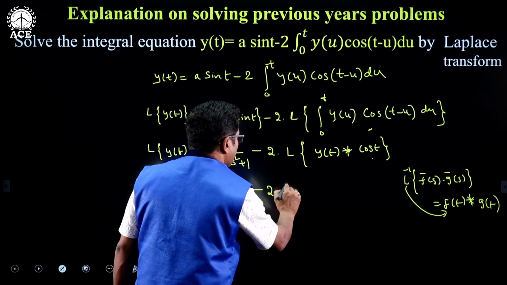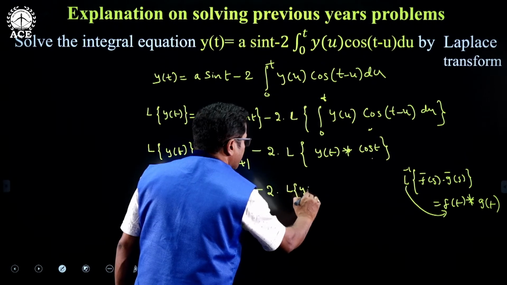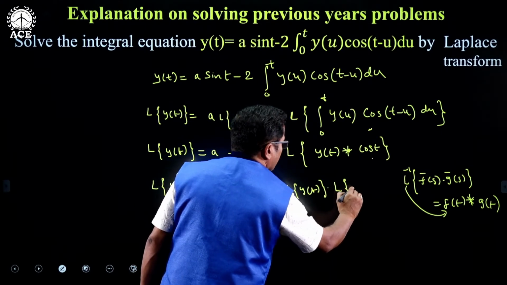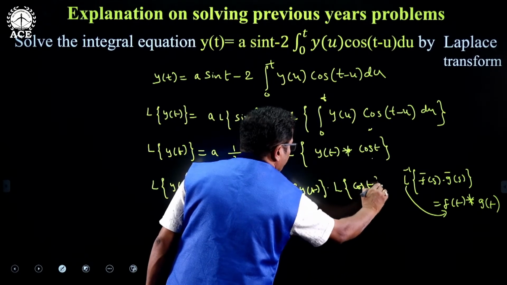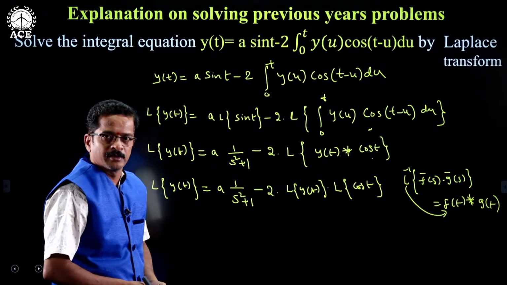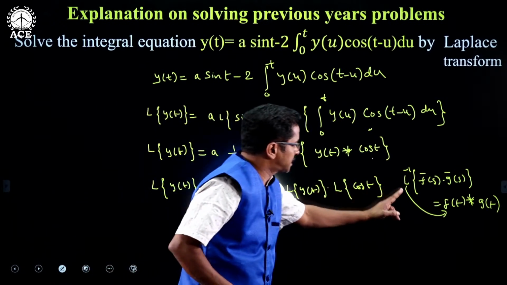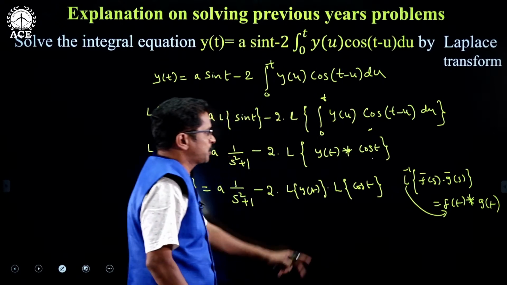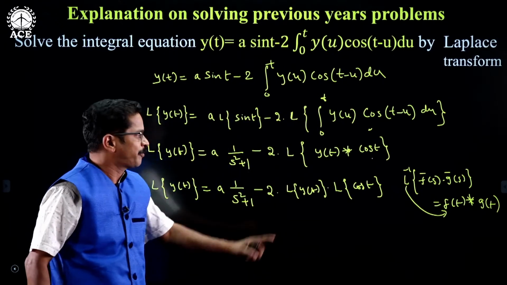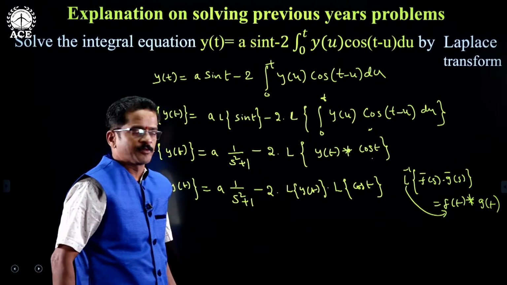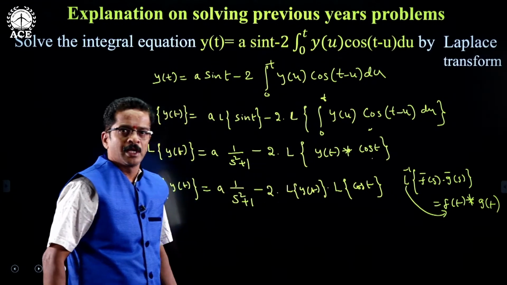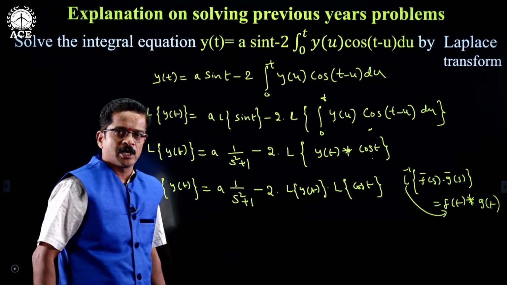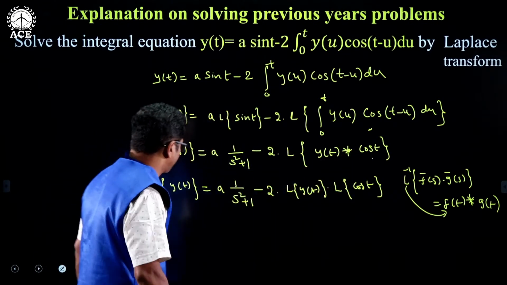So L of f of t star g of t is going to be f bar of s dot g bar of s, where f bar of s means L of f of t, which is L of y of t, and g bar of s means L of g of t, which is L of cos t.